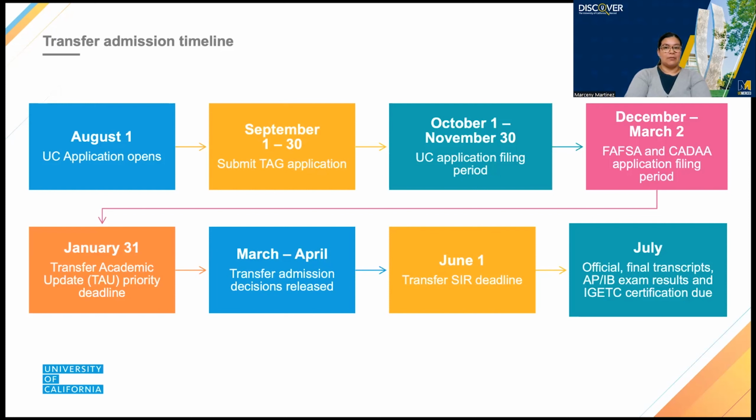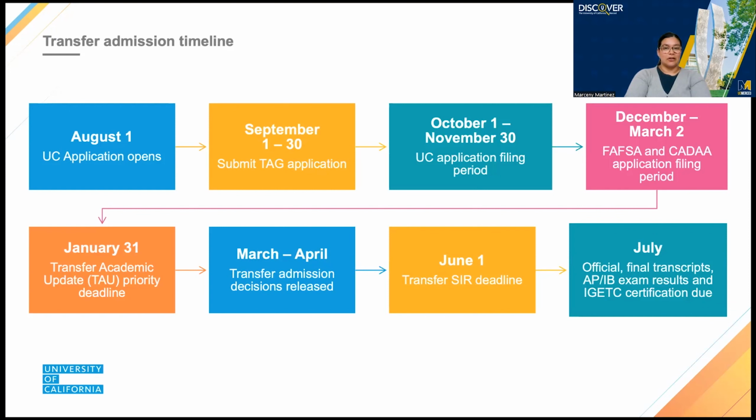Transfer admission decisions are released throughout the month of April. Campuses do not all release decisions on the same day, but all will have released transfer decisions by April 30th. June 1st is the deadline for transfer students to submit the Statement of Intent to Register, also known as the SIR. Students must submit their SIR by that date in order to ensure a place on campus in the fall.